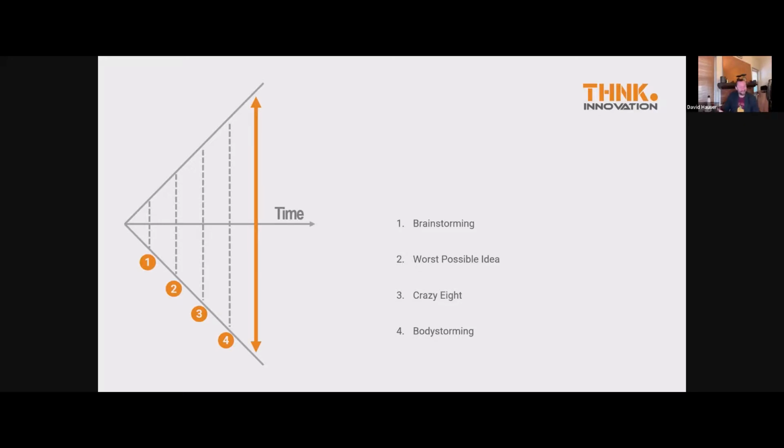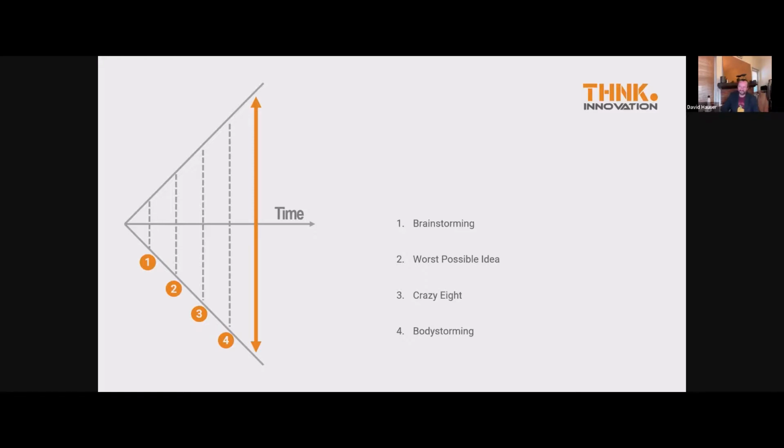It's a bad idea, it's the worst possible idea, but by creating that space to have those bad ideas, that actually allows us to come up with more ideas, and it breaks us out of our comfort zone. What are we allowed to say and what are we allowed to ideate? So in the early stage of the ideation process, I like to use the worst possible idea.